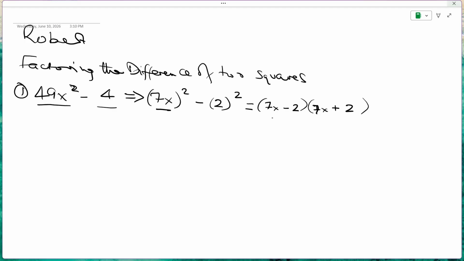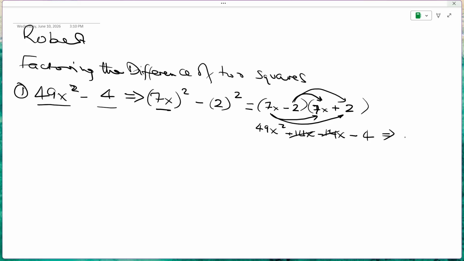Let's try to multiply this out and see what we get. 7x times 7x will give us 49x squared. And then 7x times 2 will give us positive 14x. And then minus 2 times 7x, that one will give us minus 14x. And then minus 2 times 2 will give us minus 4. 14x minus 14x will cancel out.